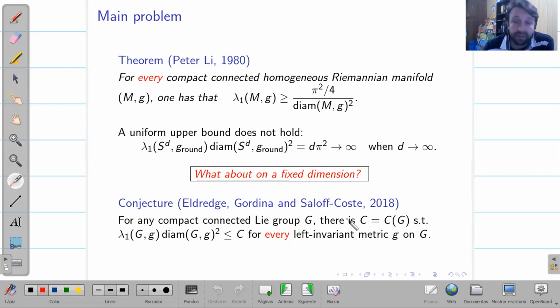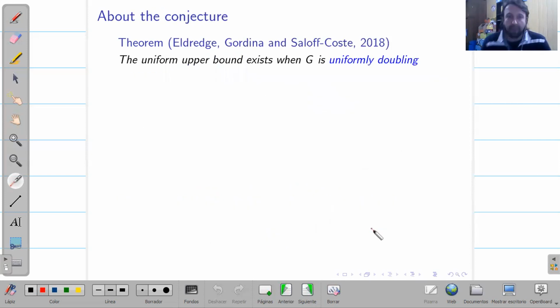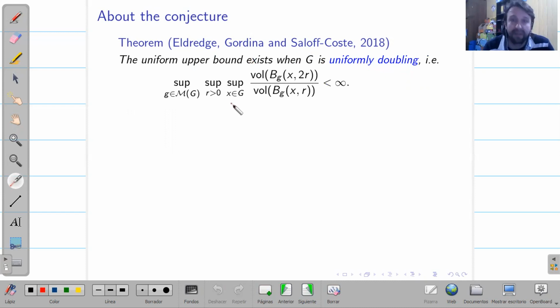This is for a restricted class of homogeneous manifolds, those with compact Lie groups and left invariant metrics. Well, the same authors in this article from 2018 proposed a very detailed strategy to prove that conjecture, because they prove that this holds provided G is uniformly volume doubling. What does that mean?